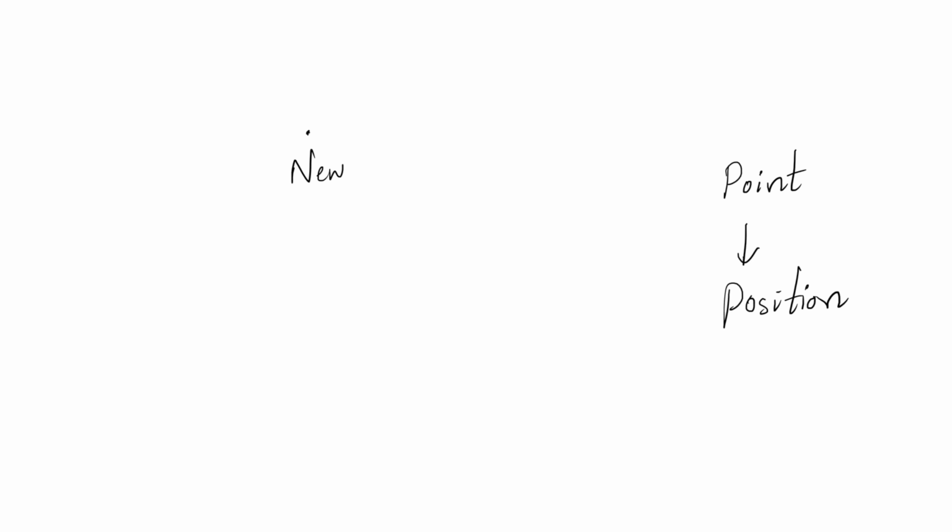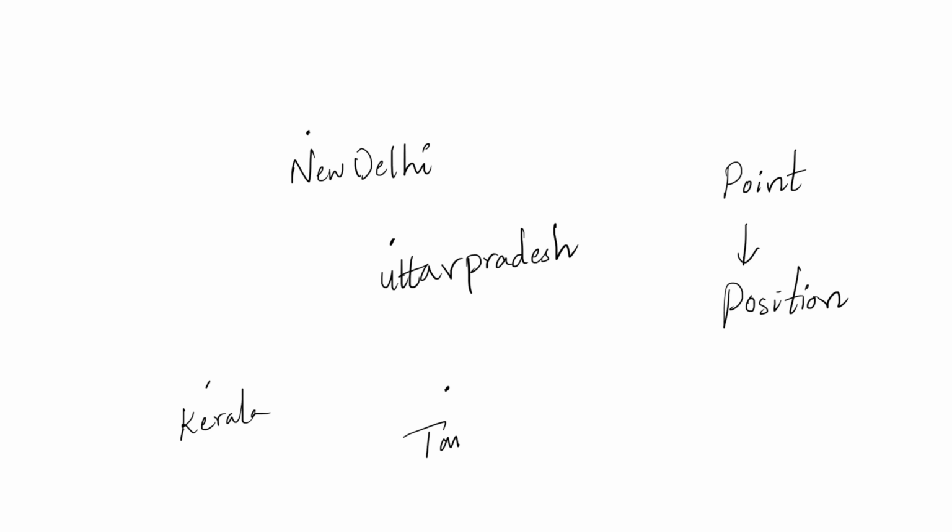Point New Delhi. Point Uttar Pradesh. So we use points to locate a place. Kerala, Tamil Nadu. To locate the position of any object, we can use points.